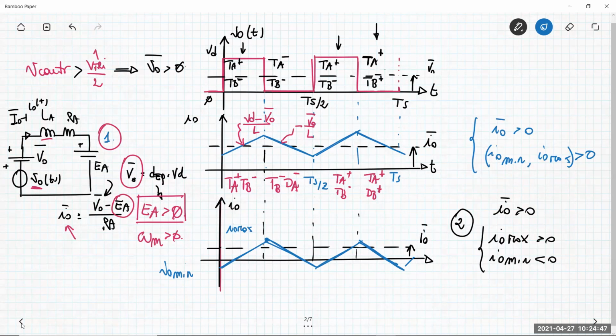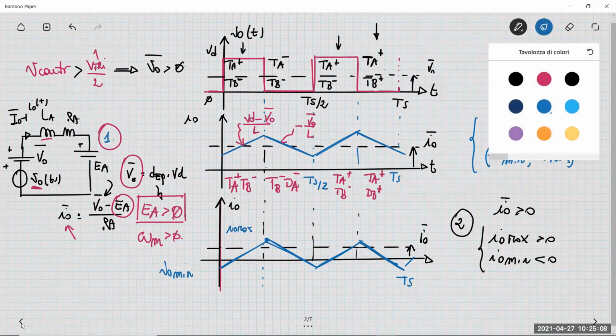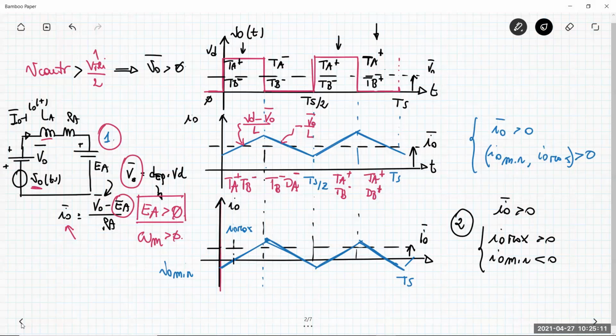So in that situation, we have the standard four sub-intervals into the switching period TS, okay? And in each of these four sub-intervals, then you have other intervals in which the current is positive and when the current is negative. For example, here you can have this time T star in which the current is negative. Okay, so we have TA plus and TB minus that are on, but the current is negative.